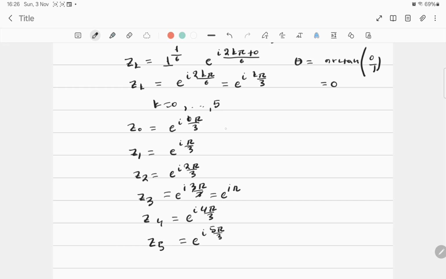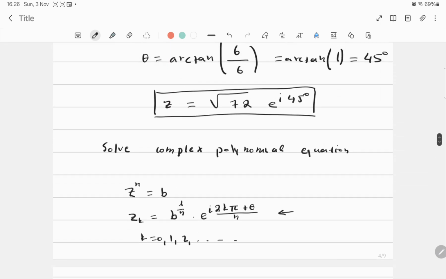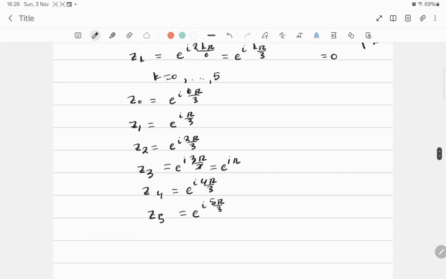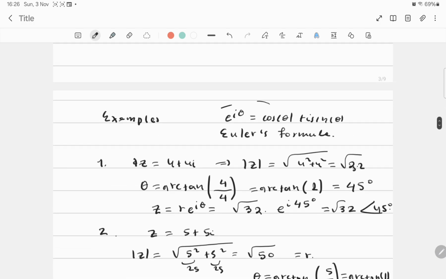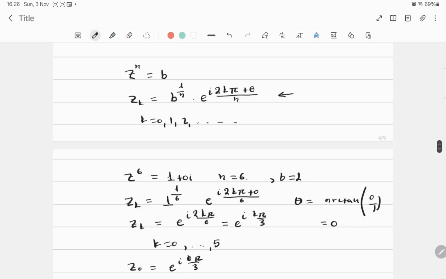That's my roots here, and using Euler's formula, I can put them back into rectangular form.